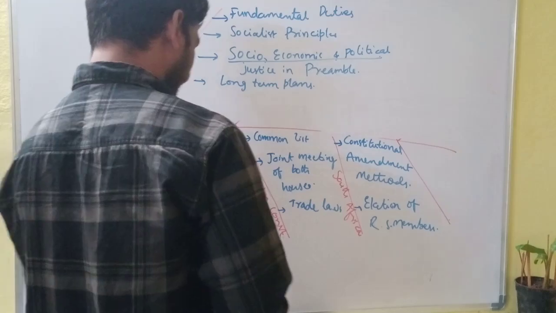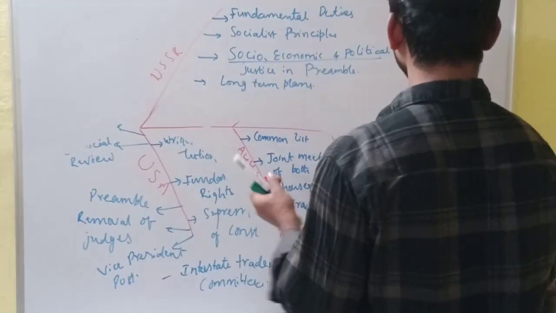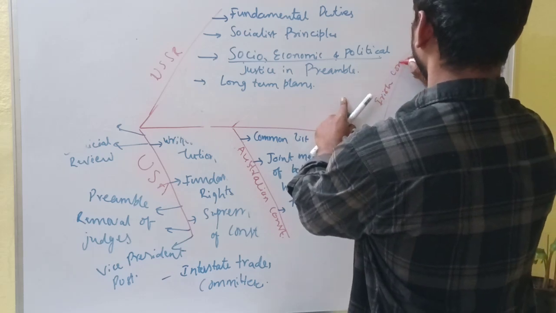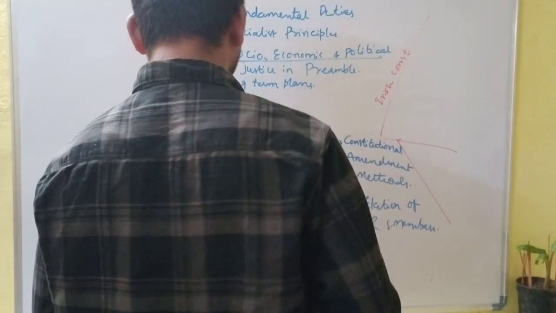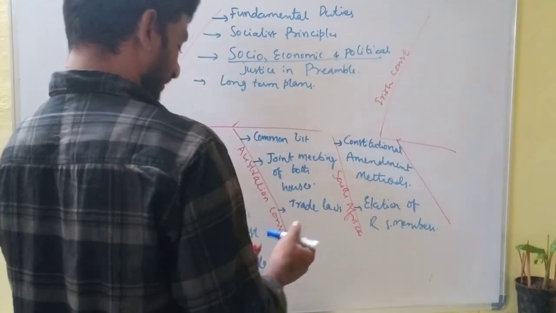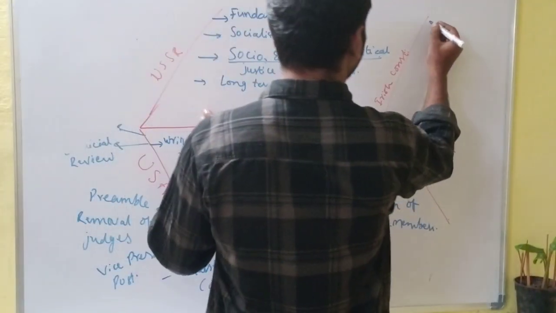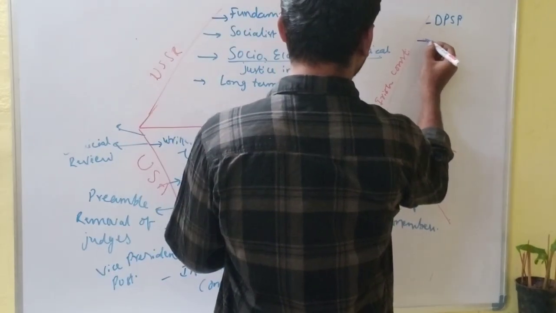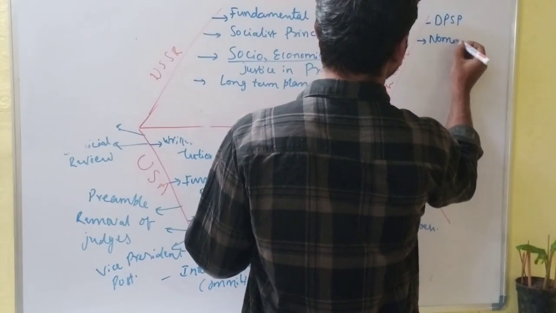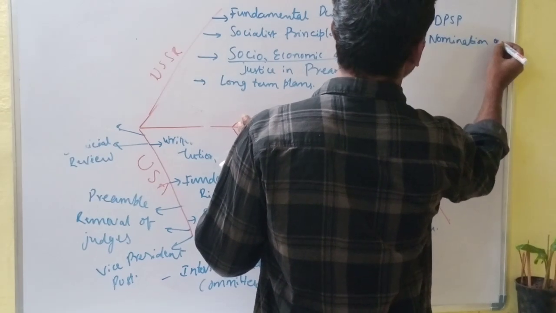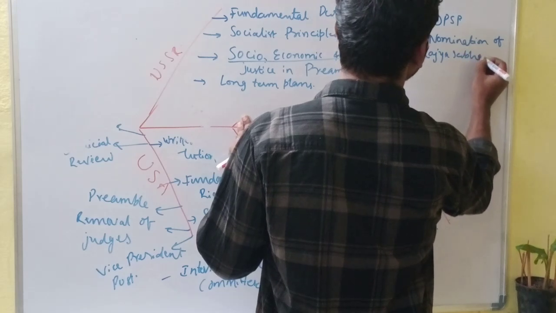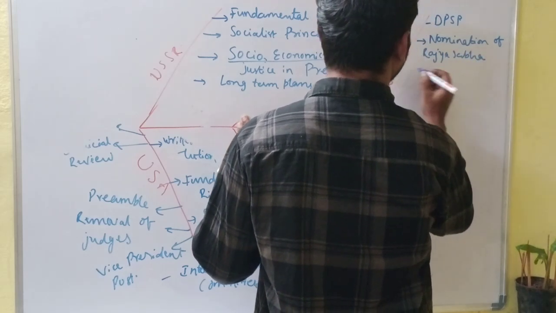So now come to the Irish constitution. What are the provisions we have taken from Irish constitution? One is most important, that is DPSP. DPSP means Directive Principles of State Policy. And nomination of Rajya Sabha members. Who nominates Rajya Sabha members? The President nominates Rajya Sabha members.